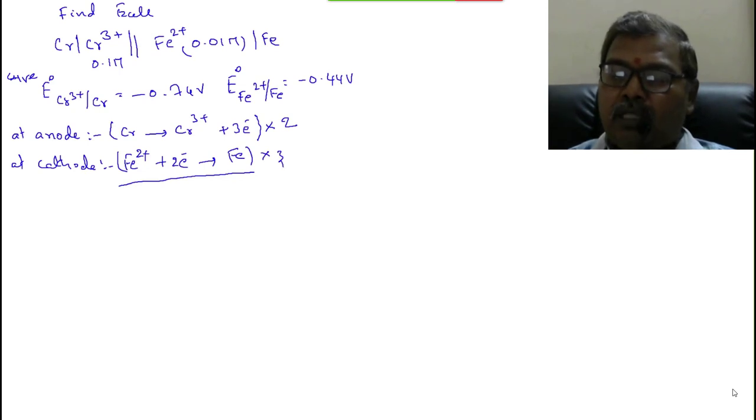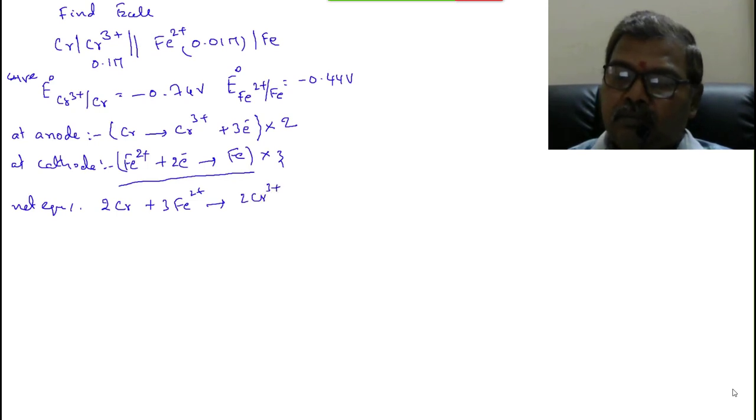So what is the net cell equation? Net equation is 2Cr plus 3Fe2 plus gives rise to 2Cr3 plus and 3Fe. See here, no need to take chromium and iron because their active mass is 1.